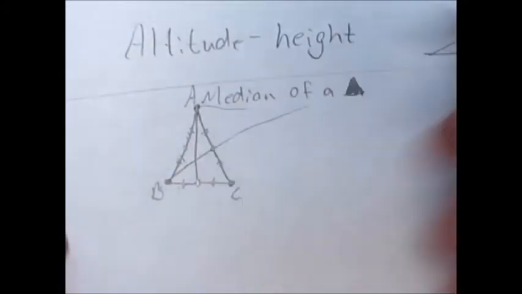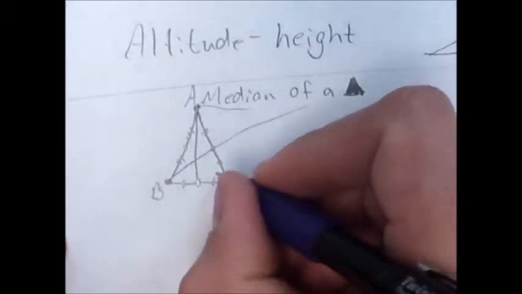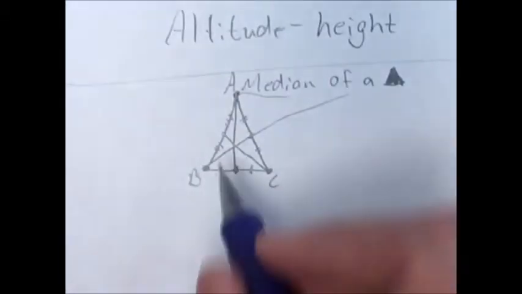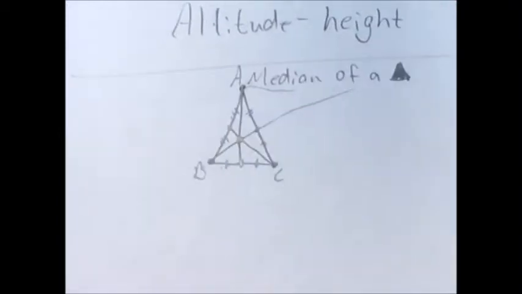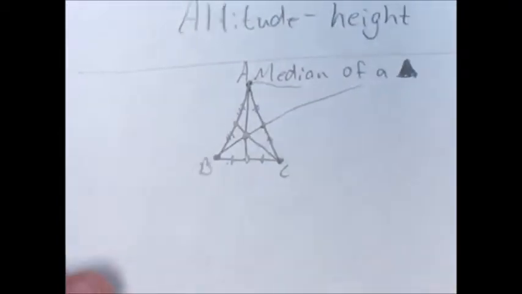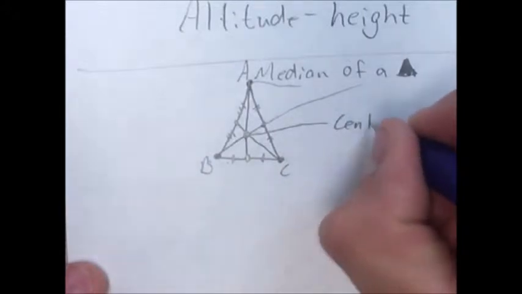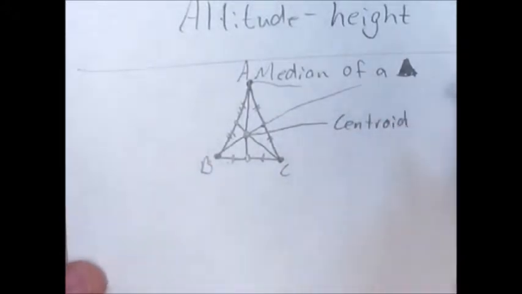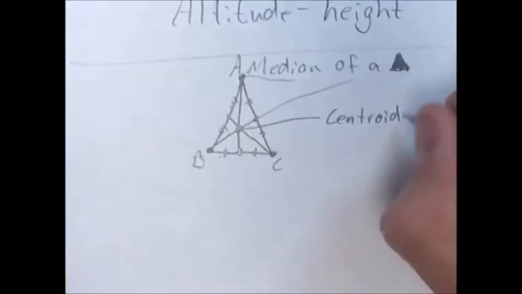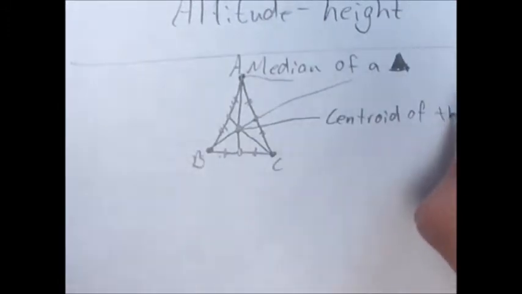Those tick marks signify that I've made a median because it is in the middle, and they will meet at a point right here. Okay, this is called the centroid. So the centroid of a triangle is where all of the medians intersect.